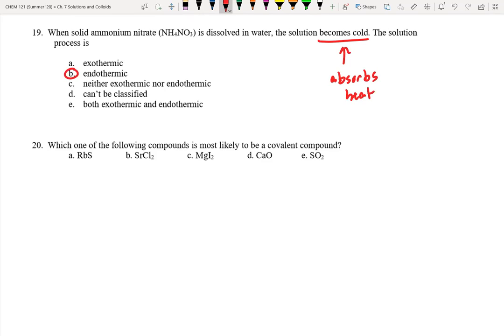Somebody asked in the discussion board, because they were getting confused on this again, how do we easily identify a covalent compound from an ionic compound? So what I told them was that an ionic compound is going to be one of two things. It's going to be a metal plus a non-metal, or it's going to be a metal plus a polyatomic ion.